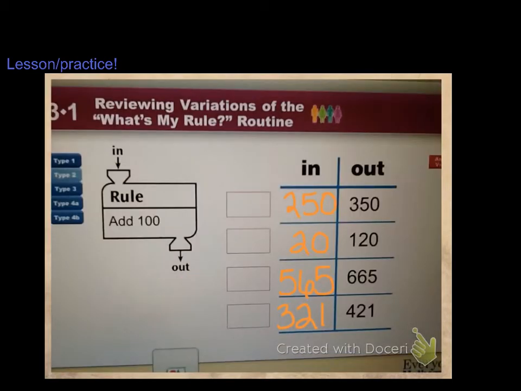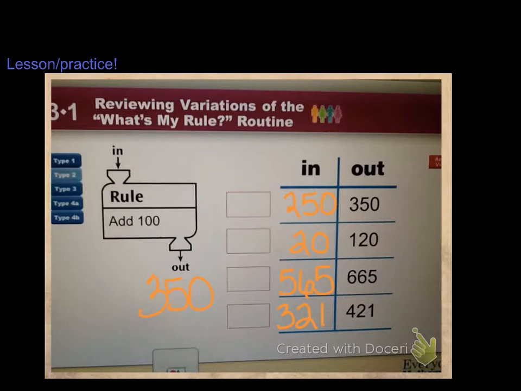Now this in and out box, you'll notice that we have all of the out numbers and not any of the in numbers, although I did fill them in, as you see. We're given a rule, and so we kind of have to work backwards in this situation, because if you had not seen all of my answers, you would have to try to figure out how would we get 350 coming out of our machine if we add 100.